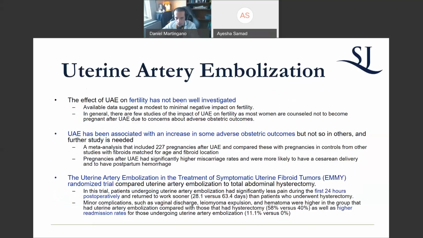While it has not been well investigated, it definitely has a potential for impacting fertility, and also can cause adverse obstetrical outcomes, things like intrauterine growth restriction, preterm labor, etc. Mainly just because you've damaged the uterus, right?